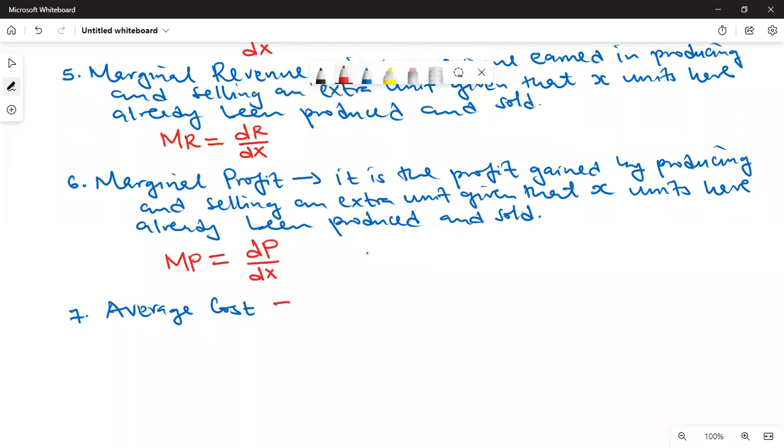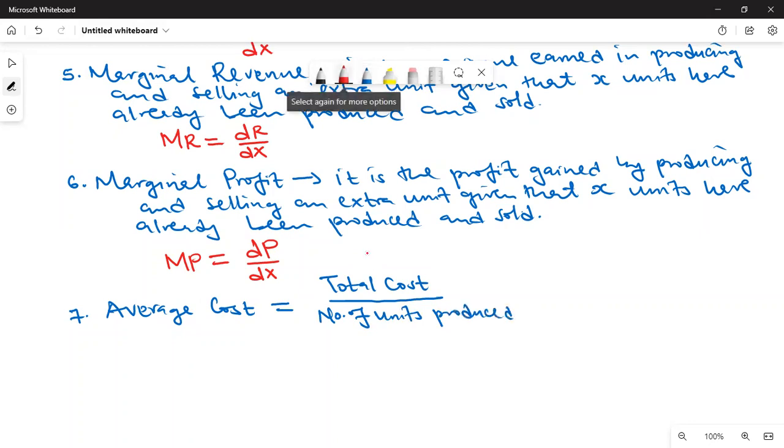So this is simply equal to, we are going to use AC to stand for average cost, equals the total cost. I can write this in full before I use the abbreviations. So this is always equal to total cost over number of units produced.